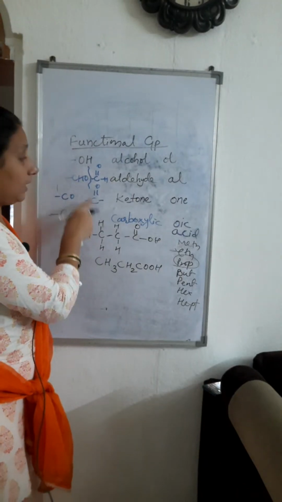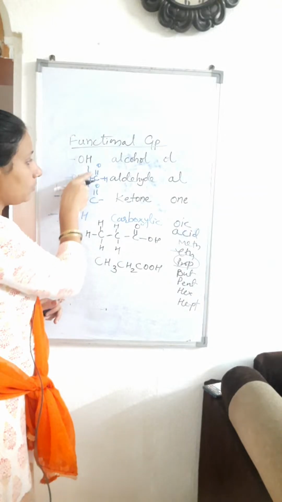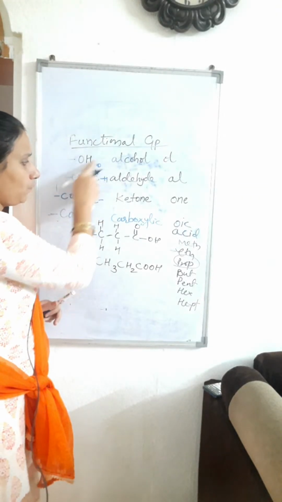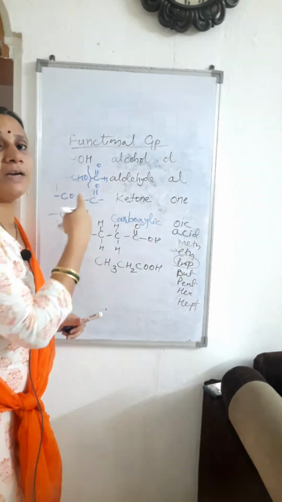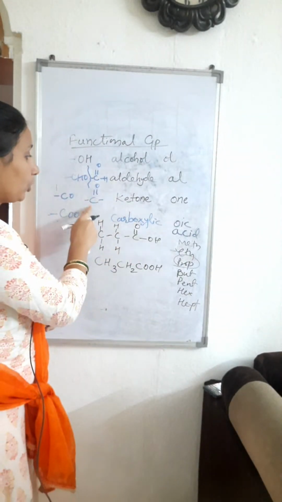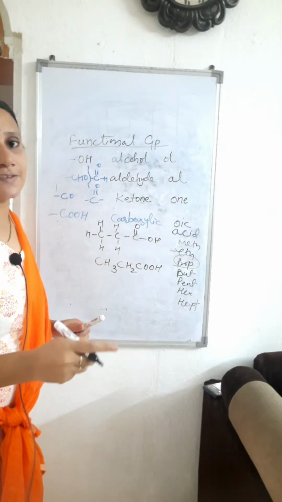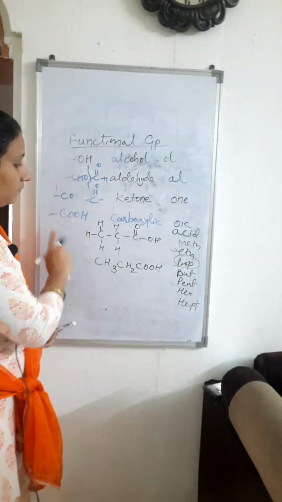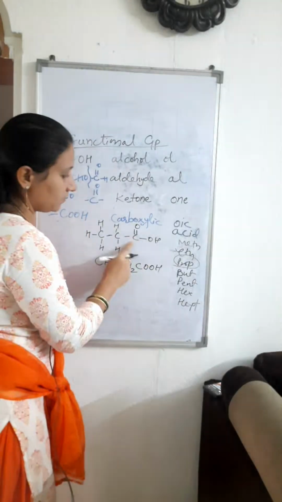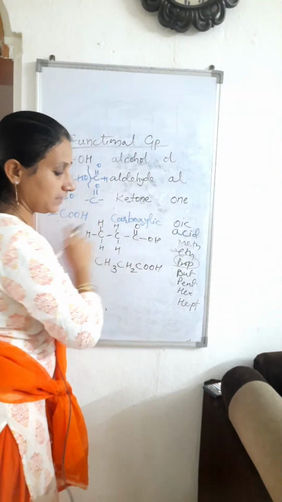That's the identification, because in both of them C double bond O is there. Here very often students get confused. So only for aldehyde, the carbon will attach at the last carbon, and for ketone it will not be at the last, it can be other carbons. Then carboxylic acid, where it is COOH, this is the structure, we call it oic acid.